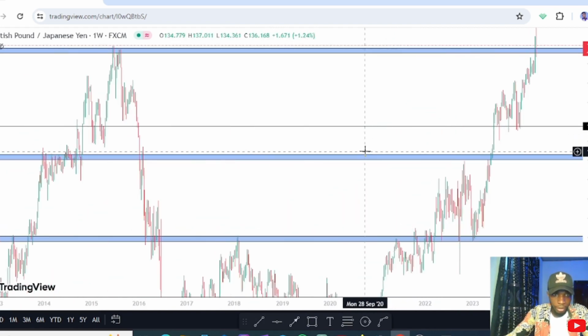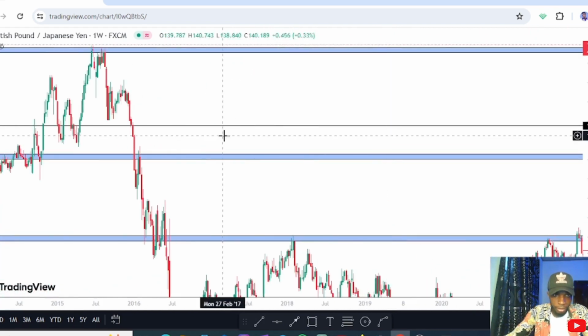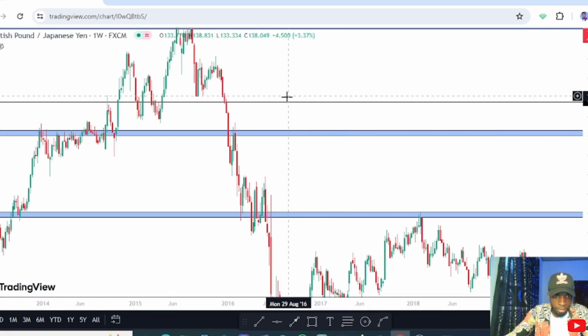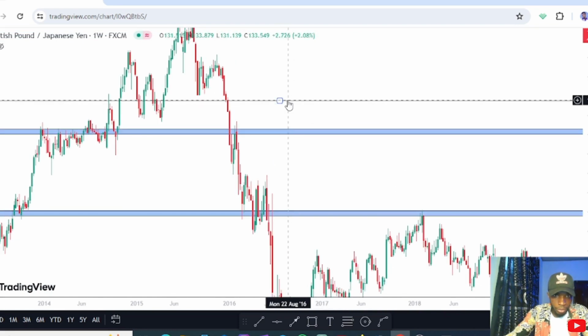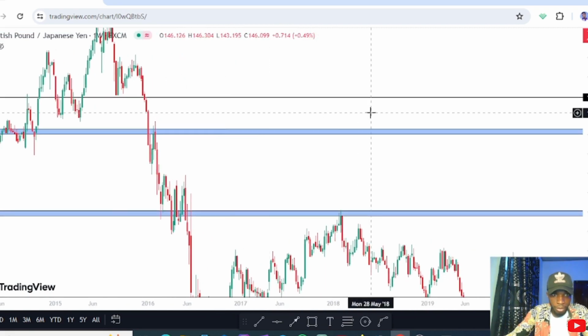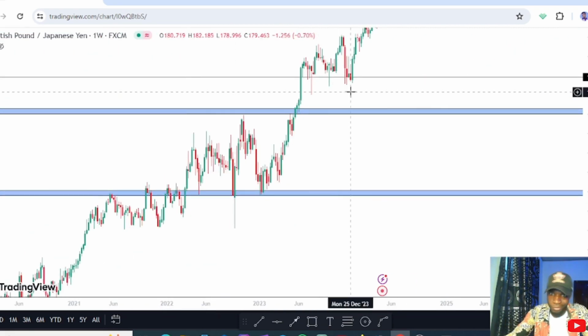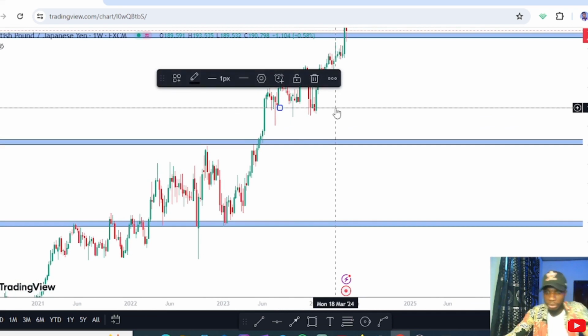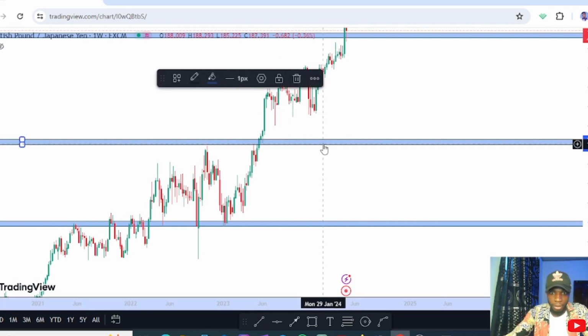It's not something like a level. Let me use my blue zone.